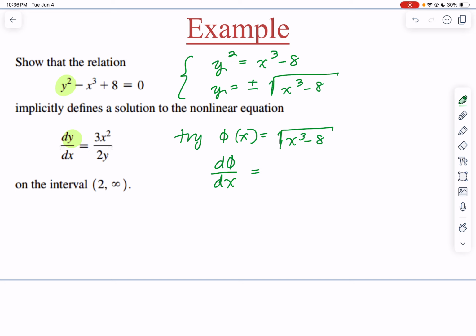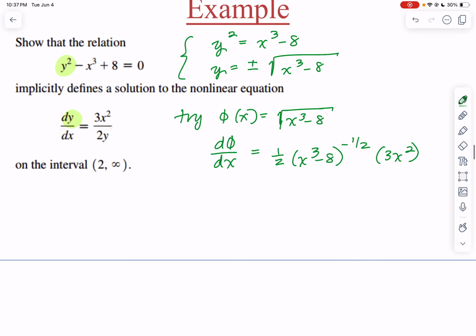And here we have 1/2 times x cubed minus 8 to the negative 1/2 times 3x squared. So here we have 3x squared over 2 times the square root of x cubed minus 8.